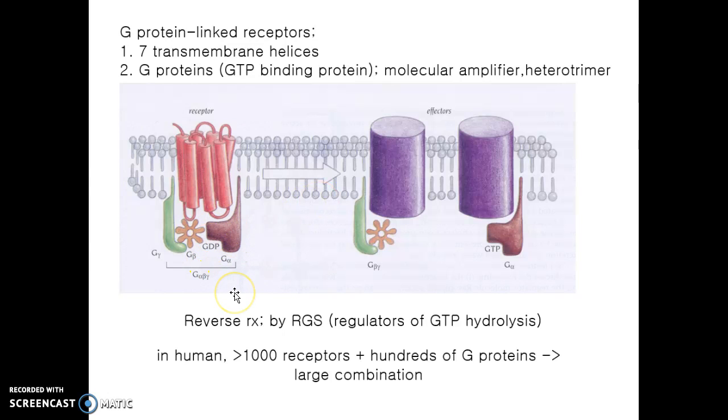The hydrolysis of GTP is normally accelerated by a regulatory molecule known as RGS. In humans, more than 1,000 receptors are known, and also hundreds of different G proteins are known. So together, so many different combinations for different signal transductions are possible.